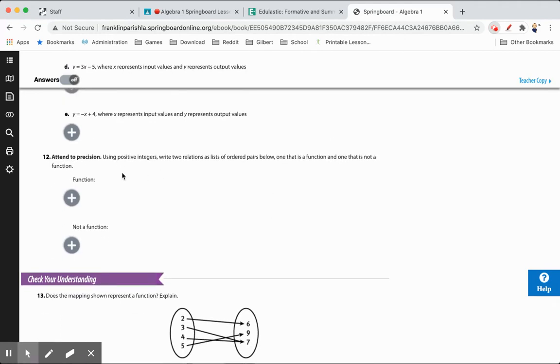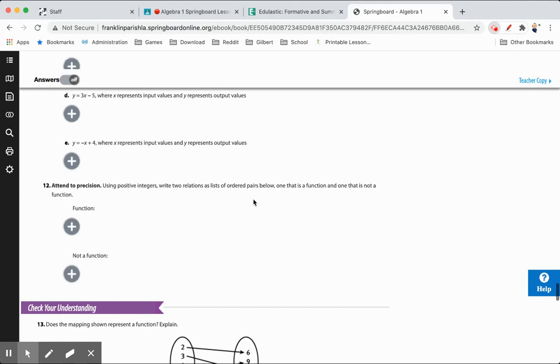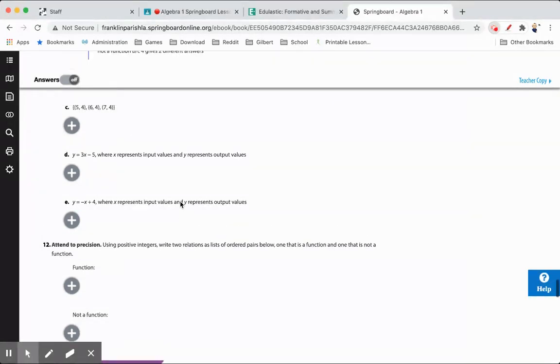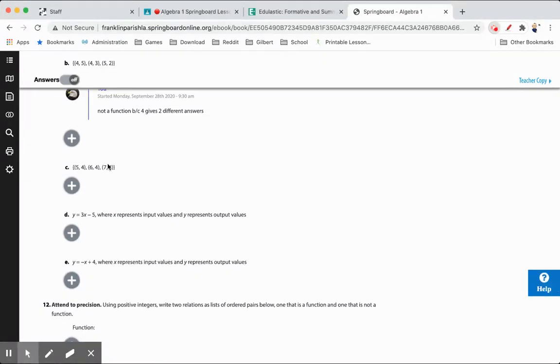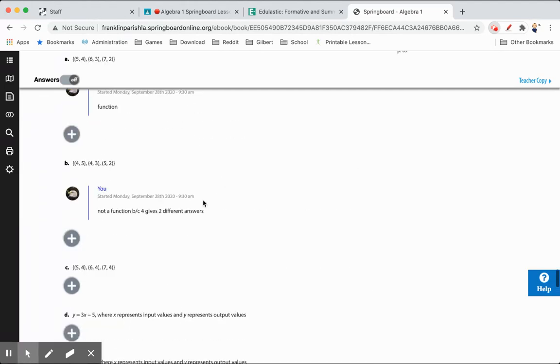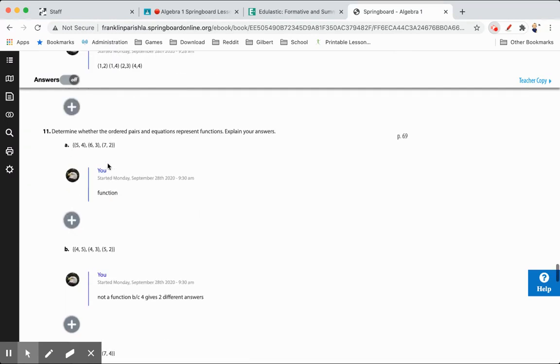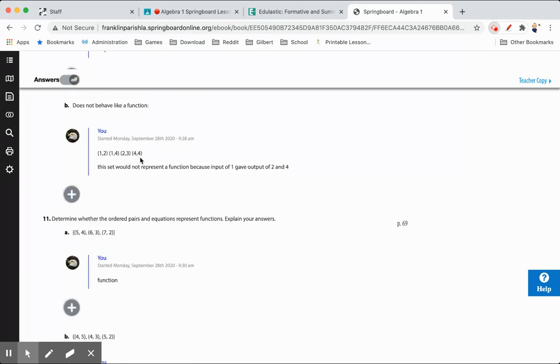And 12, using positive integers, write two relations as lists of ordered pairs below, one that is a function and one that is not. So I already sort of did this using the positive integers, right here. Okay, this list would be a function you could use. This list would be not a function. This list of ordered pairs is a function. This list I made is not a function.